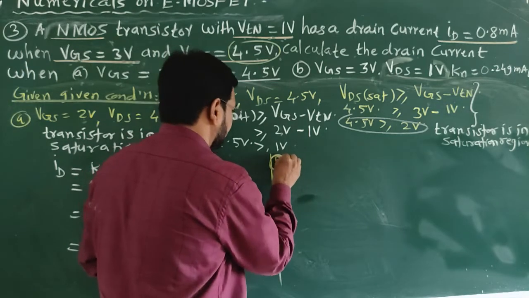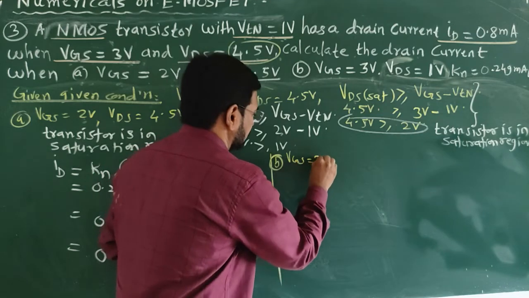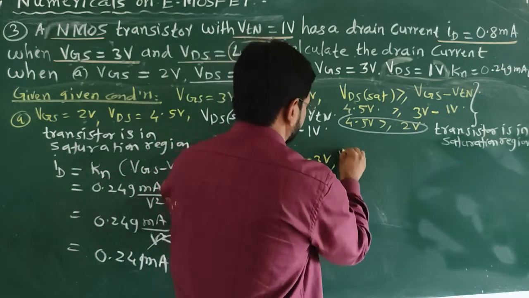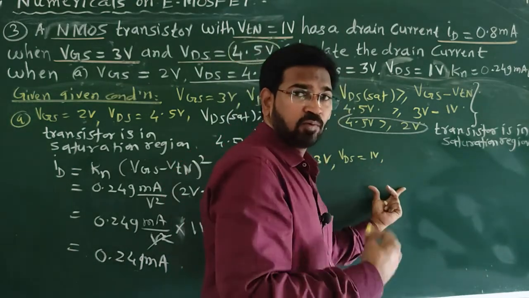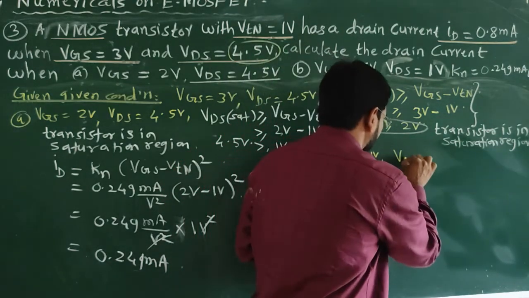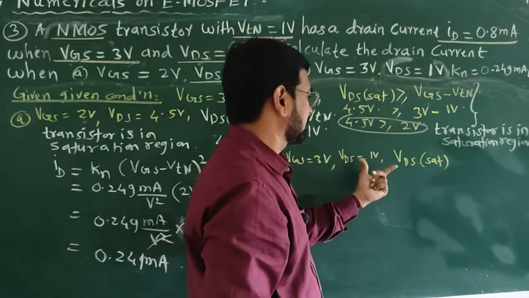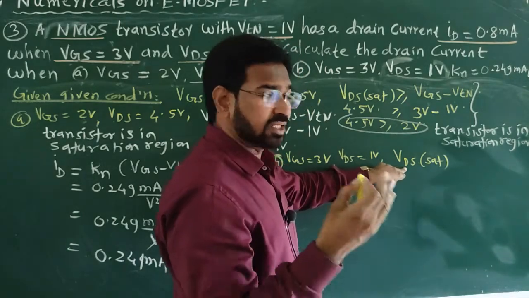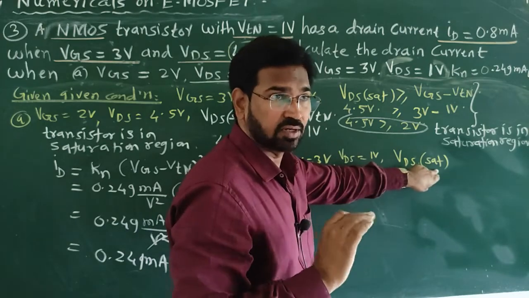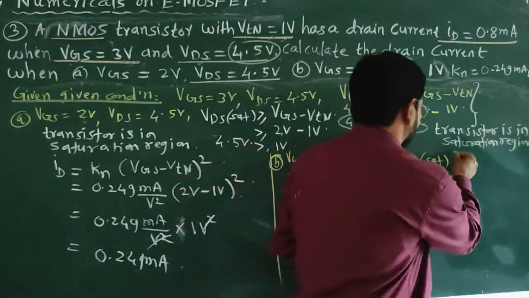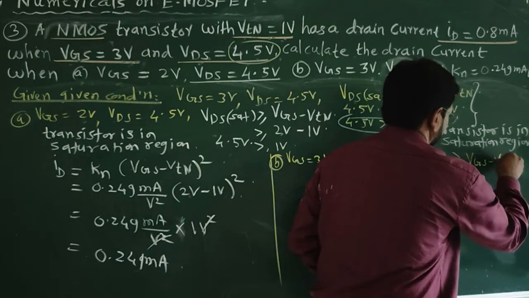Okay, let us calculate for the second condition, condition B. VGS is 3 volt now and VDS is decreased, VDS is 1 volt. So, what will be the working region of transistor? Again applying this relation, VDS sat, the voltage on drain with respect to source for saturation, should be greater than overdrive voltage VGS minus VTN.